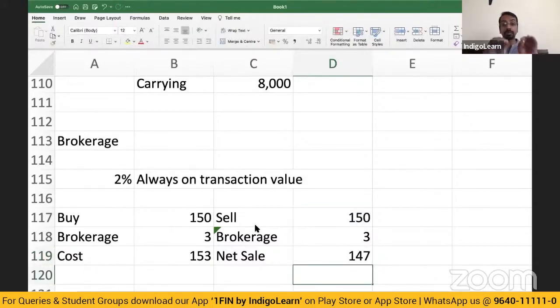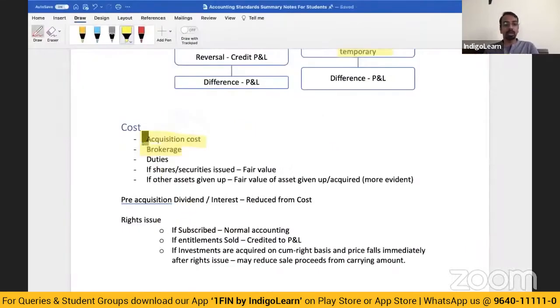I've seen students making mistakes here. Even while selling, they'll add brokerage to the sale value and you will lose marks. Okay, so buying brokerage will be added. Selling brokerage will be deducted from the proceeds. Okay, so what does cost include? Acquisition cost, brokerage, any other duties which are paid. Okay, so this is the concept of cost.